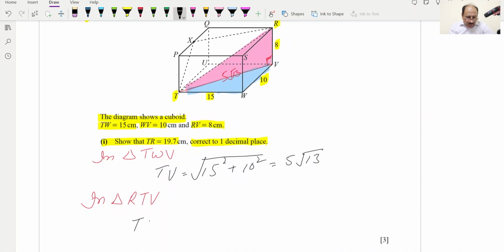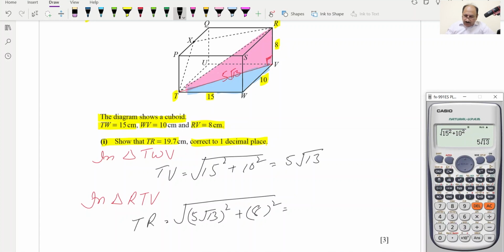So TR will be equal to one side squared plus other side squared and under root, and this will be equal to under root of, in brackets, 5 root 13 bracket closed and squared, plus 8 squared, and this is equal to 389.